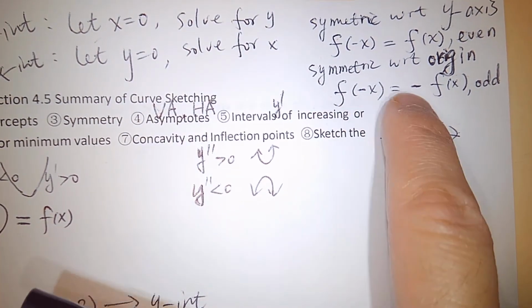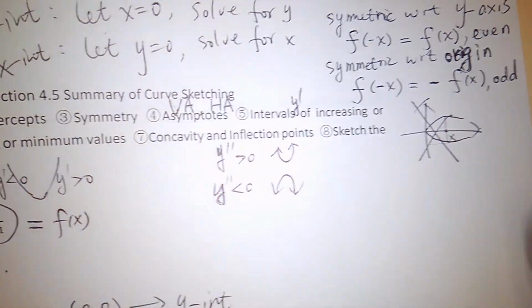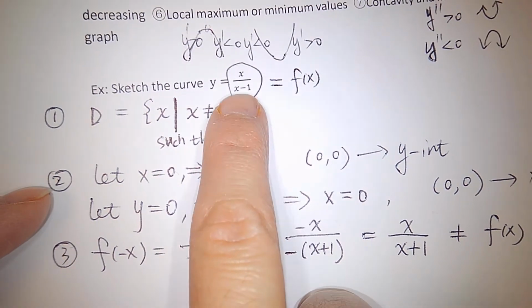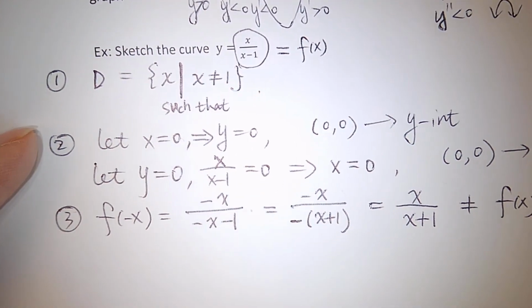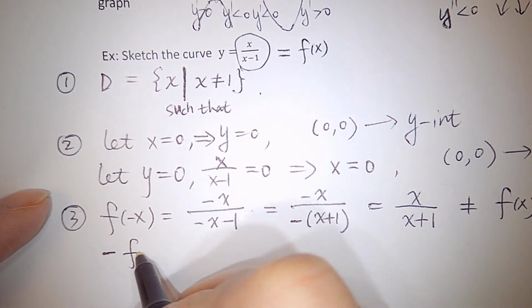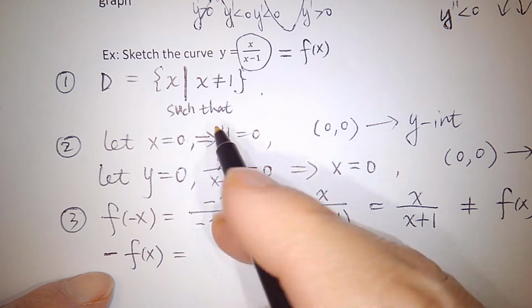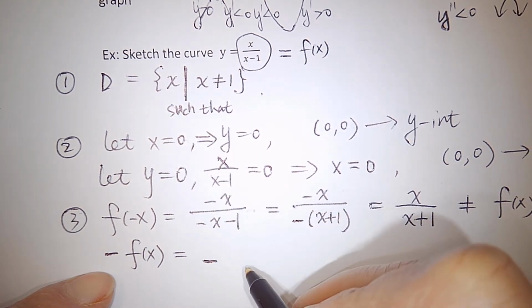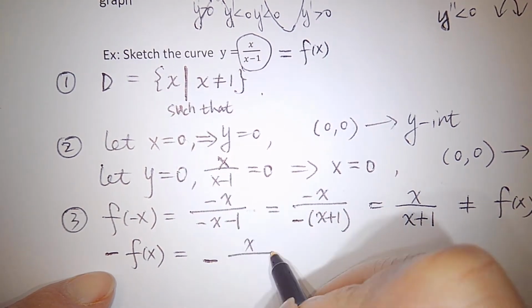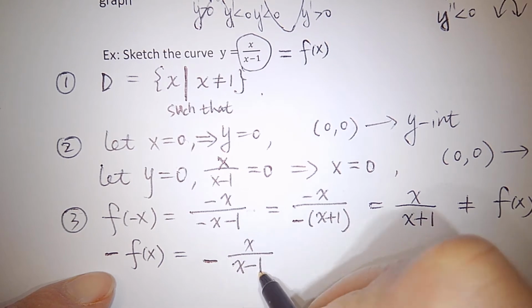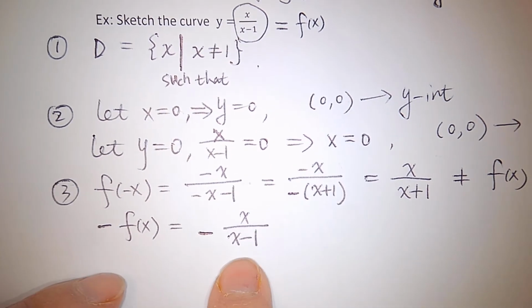Is f of negative x equals negative f of x? What is negative f of x? Negative f of x equals negative x over x minus 1, right?